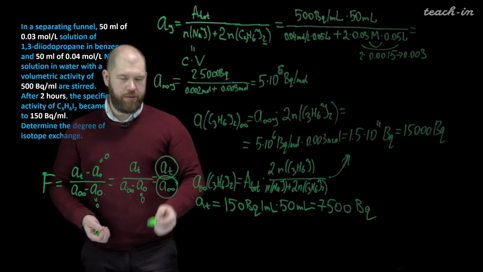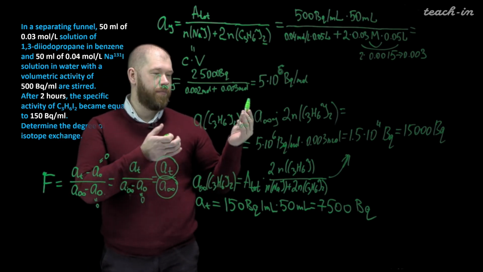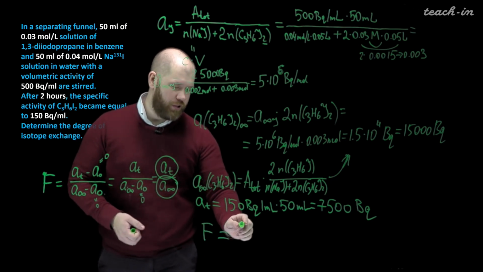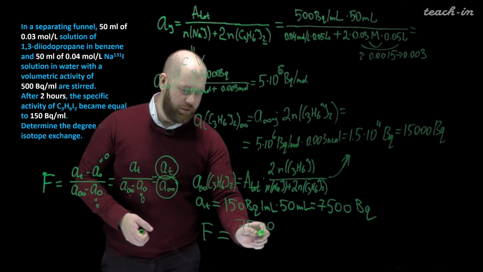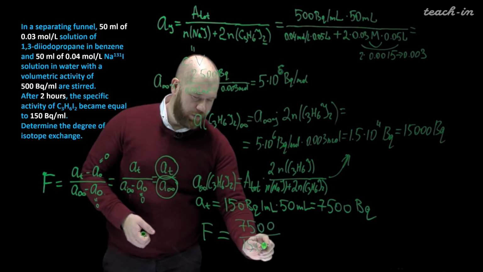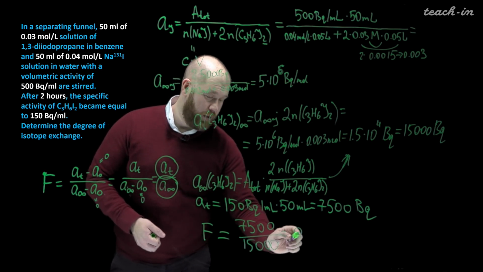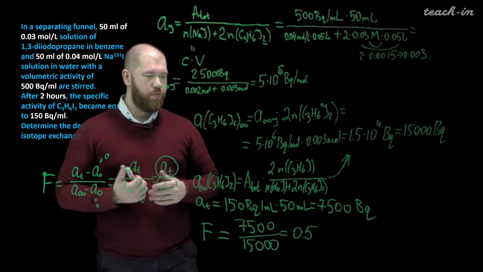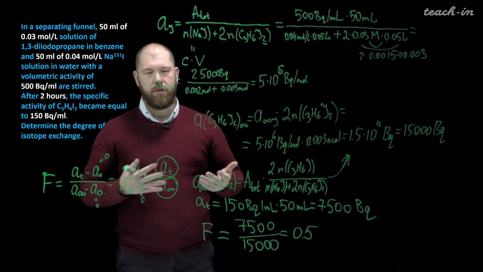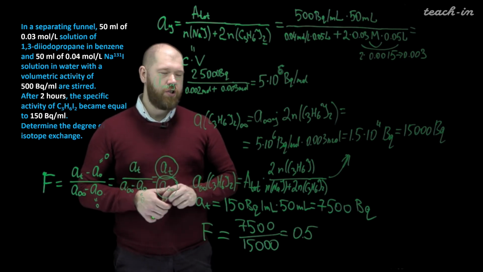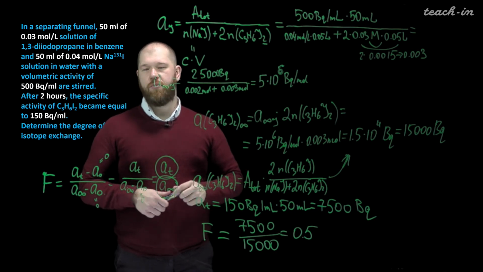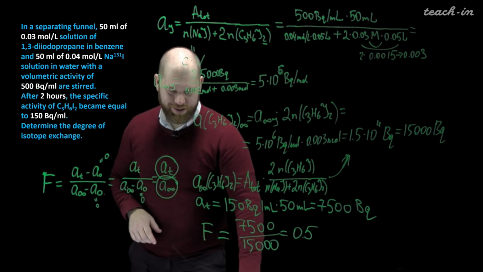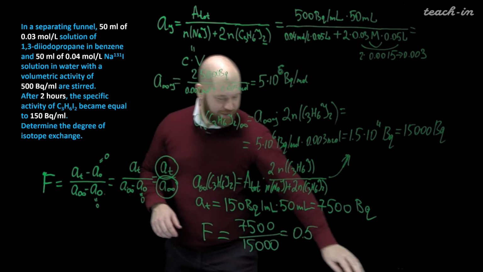And thus we know the activity at a certain moment, we know the activity at equilibrium, and thus the degree of isotope exchange will be simply 7,500 becquerels divided by 15,000 becquerels, so it will be 0.5. So that means that only 50% of the molecules are exchanged, and it will take some more time to reach the equilibrium. Okay, finally we solved this task. Let's go to the next.